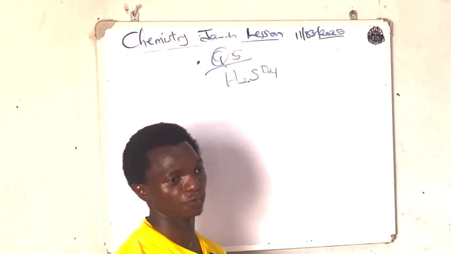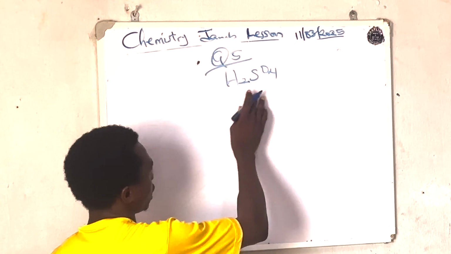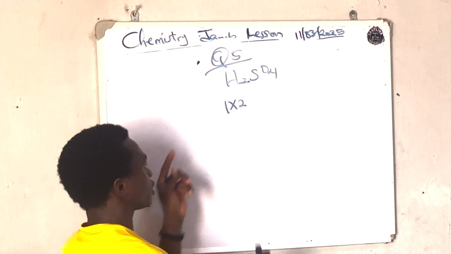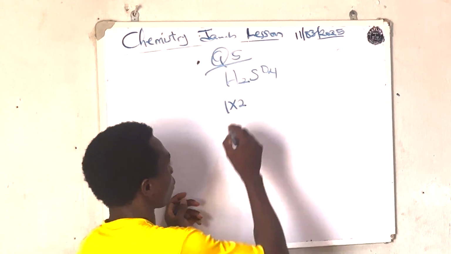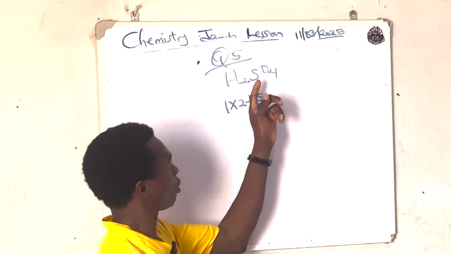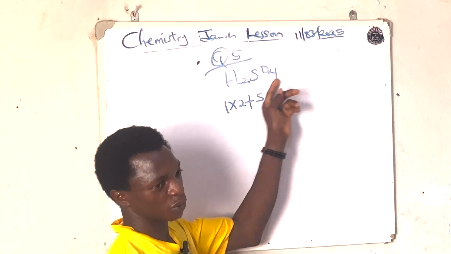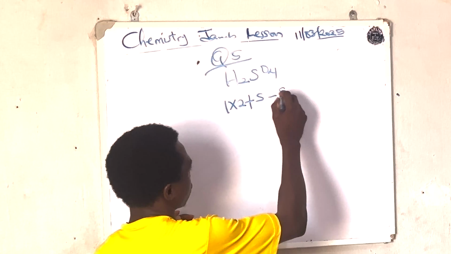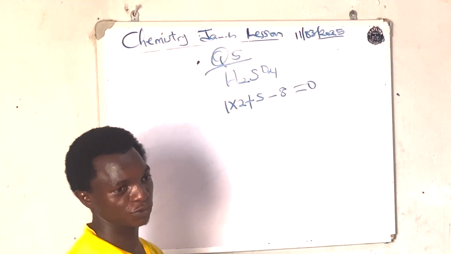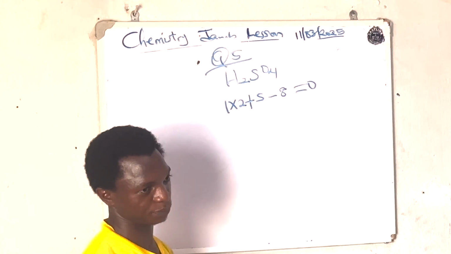Very simple. Follow me. Now, hydrogen has an oxidation number of +1, times the 2 here, plus your sulfur. Oxygen has an oxidation number of -2, times 4 gives us -8, and all equals 0 from the rule of oxidation.